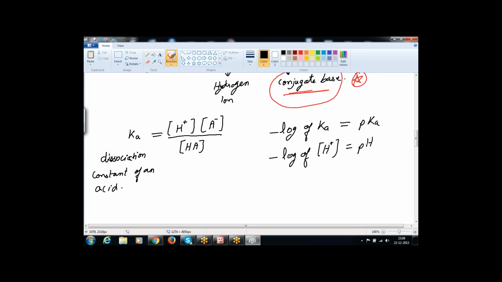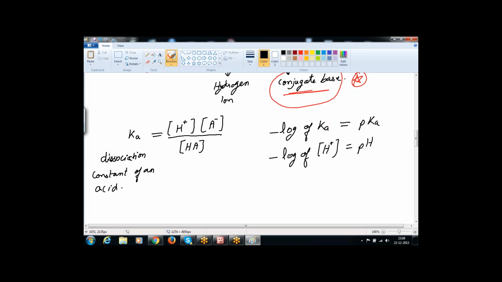We keep talking about pH, acidic pH, basic pH, whatever. So P basically means negative log and pH means negative log of H ion concentration. So how much is the H ion concentration? That will tell how strong an acid or how strong a base or alkali it is.